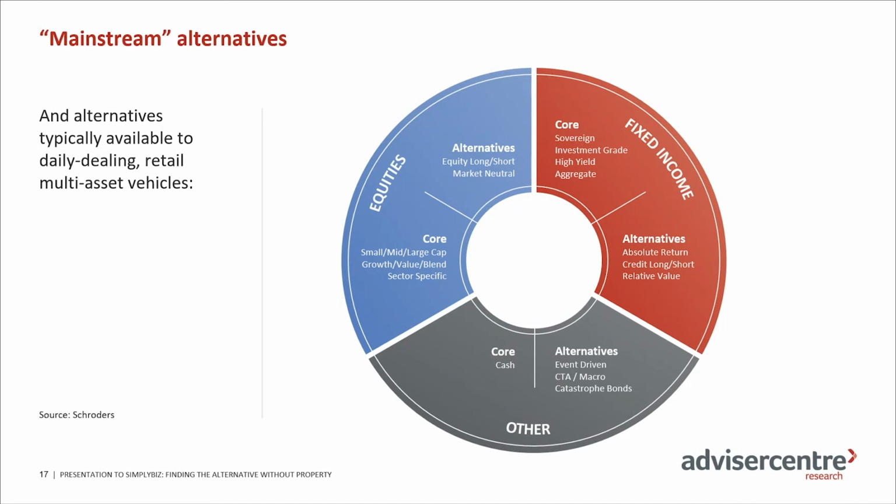So again, each of them is either a way of investing differently, or a different kind of asset class to bring diversification, can be included potentially in daily dealing formats, which allows people to access readily something that they wouldn't get from a mainstream cash, typical sovereign core bond, equity blue chip style strategy.